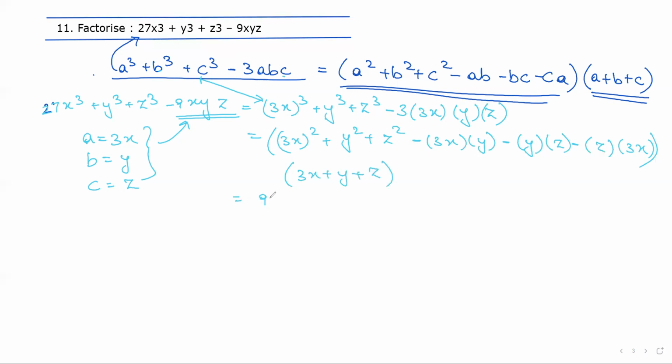This is equal to (9x square plus y square plus z square minus 3xy minus yz minus 3xz) in one bracket, and in the second bracket (3x plus y plus z). You cannot solve this question any further, so these are the two required factors.